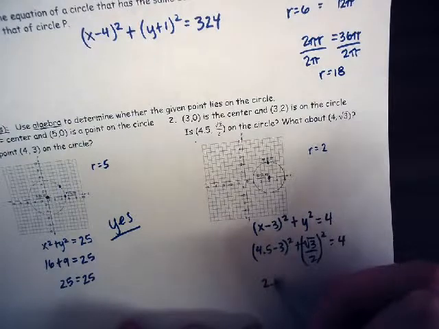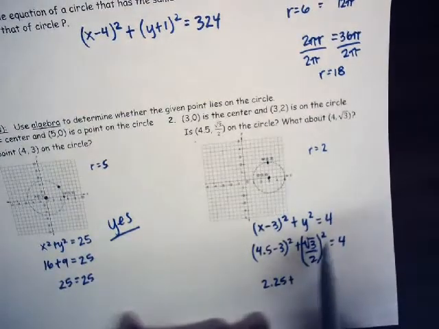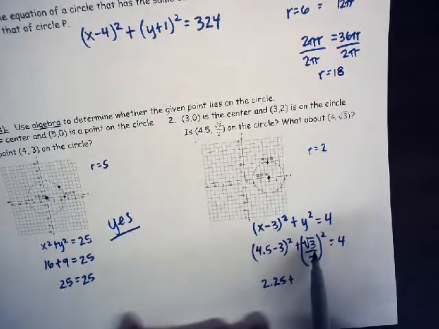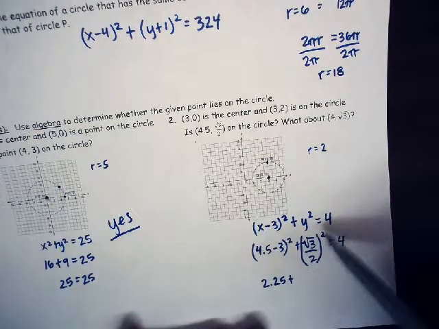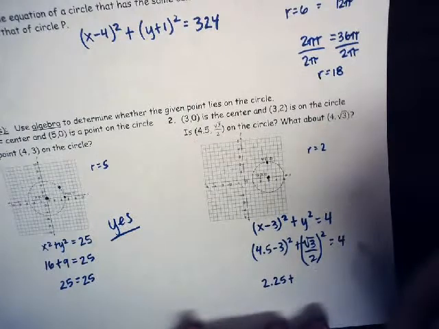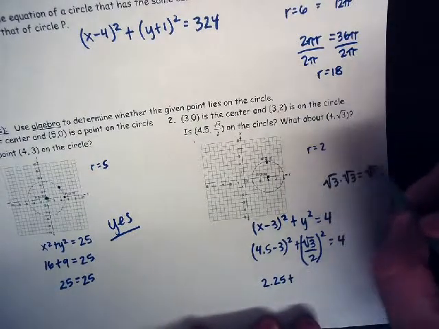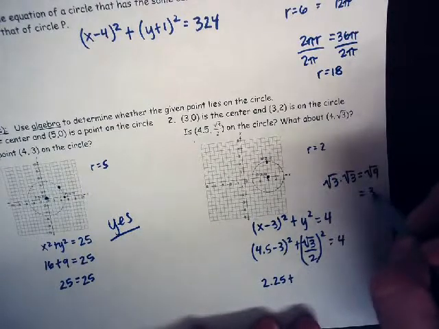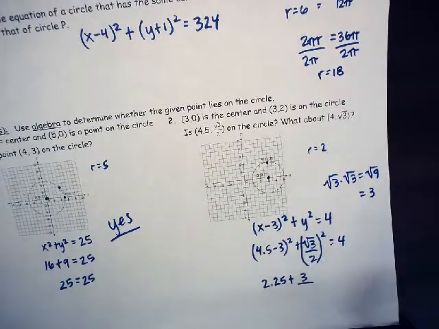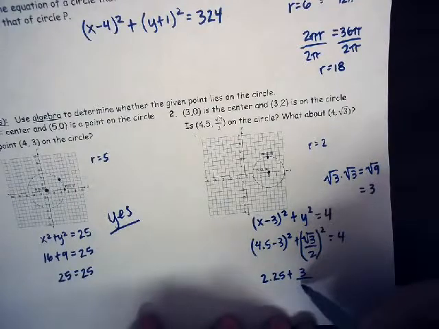And when I square that, I get 2.25 plus. Now, to square the square root of 3 over 2, because when I have a fraction squared, I have to square the top and the bottom. So the square root of 3 times the square root of 3 gives me the square root of 9, which is just equal to 3. So on the top I have 3, and then on the bottom I have 2 squared, which is 4.